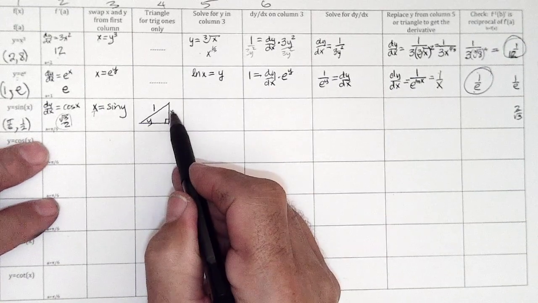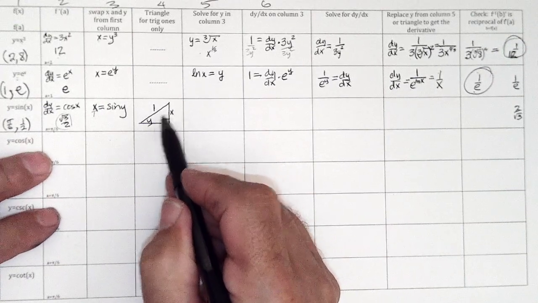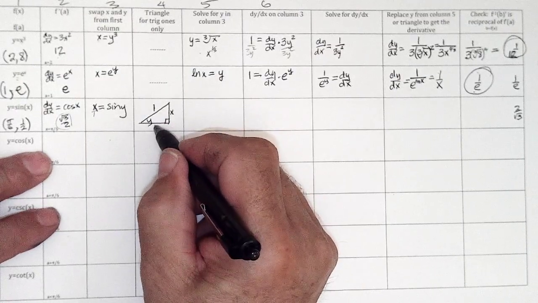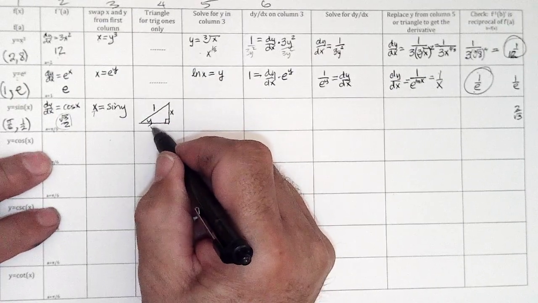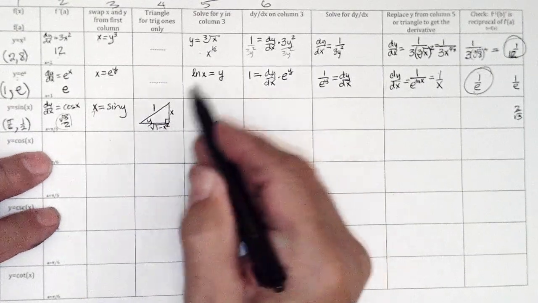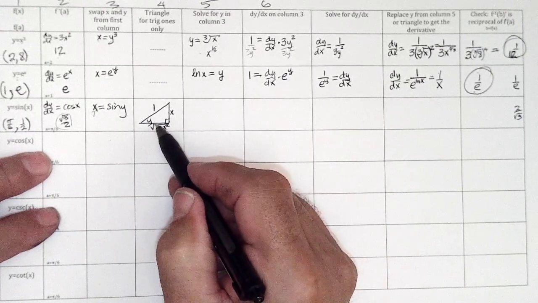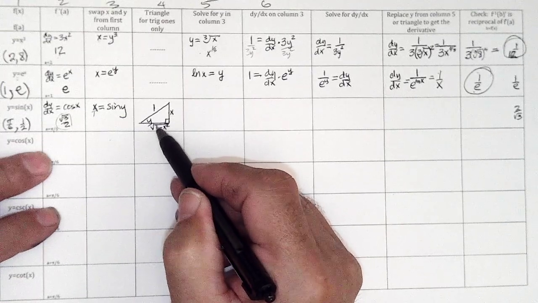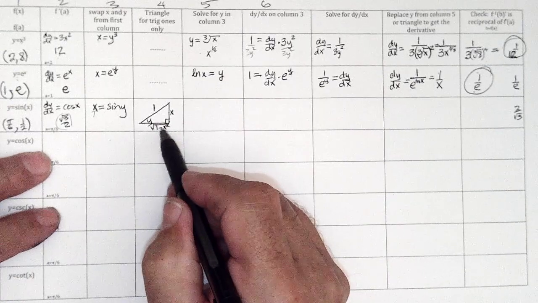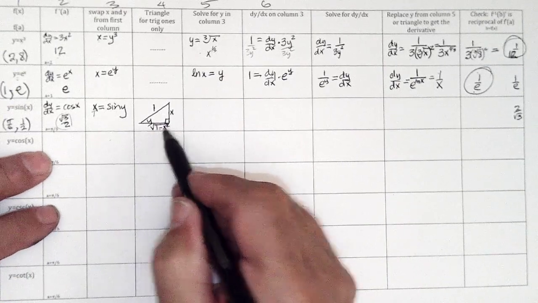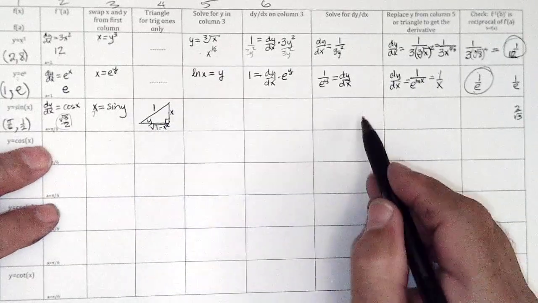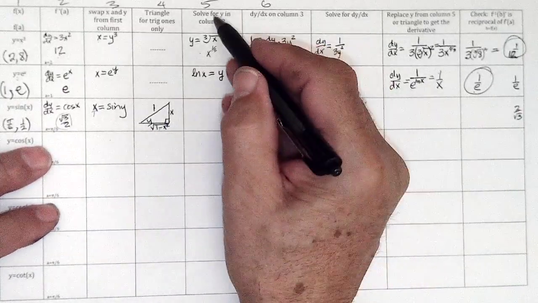And if I use the Pythagorean theorem, leg squared plus leg squared equals hypotenuse squared, and I solve for this side, I get the square root of 1 minus x squared. Use the Pythagorean theorem with, say, a here. a squared plus b squared equals c squared, and work it out, and you'll figure out that the a had to be the square root of 1 minus x squared. We're going to use this triangle down the road here.